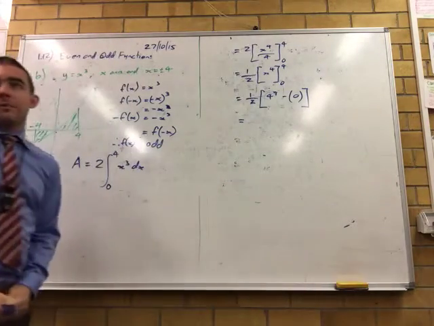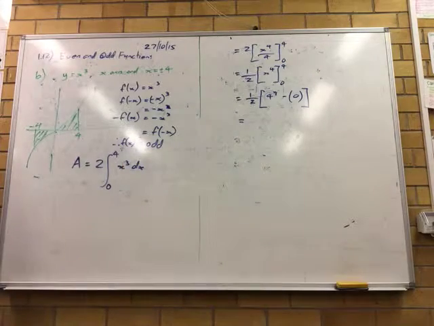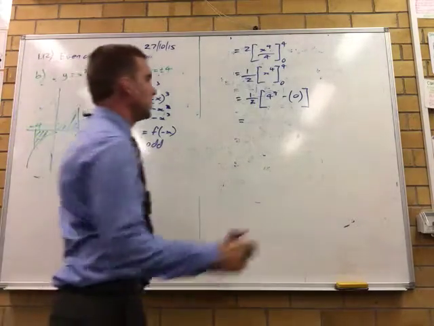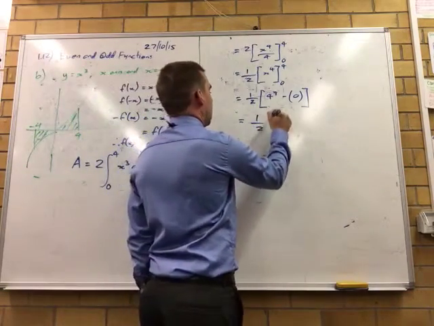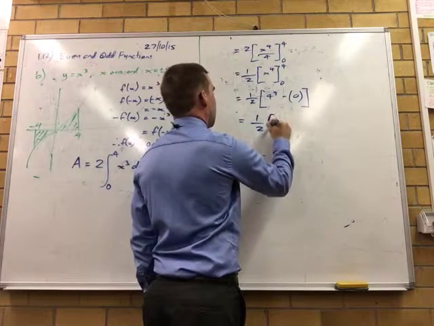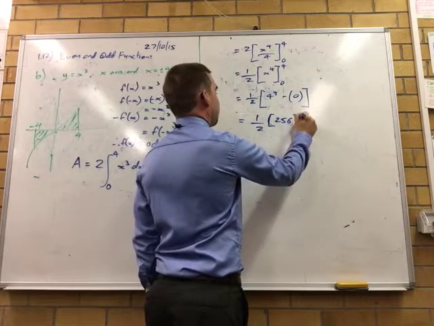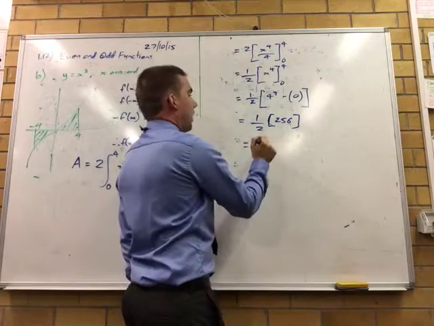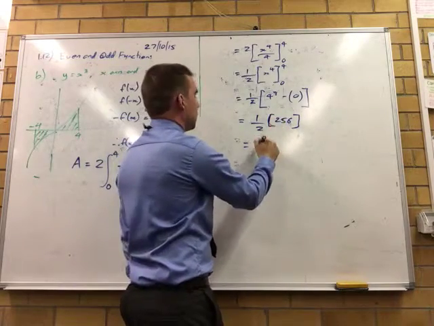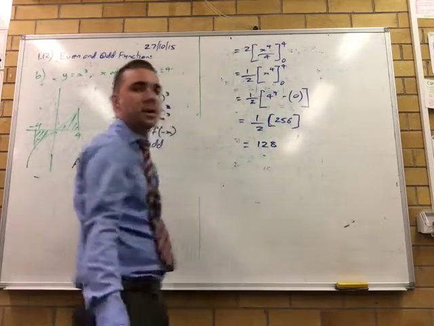4 to the power of 4 is the same as 2 to the power of 8, which is 256. So 2 to the power of 8 divided by 2, 2 to the power of 7, which should be 128.